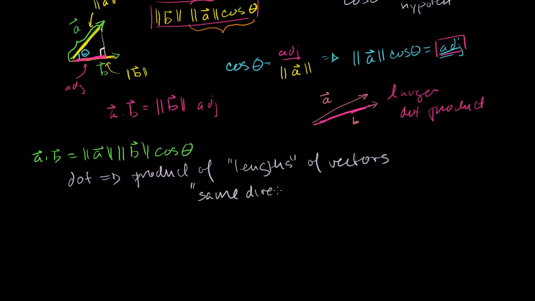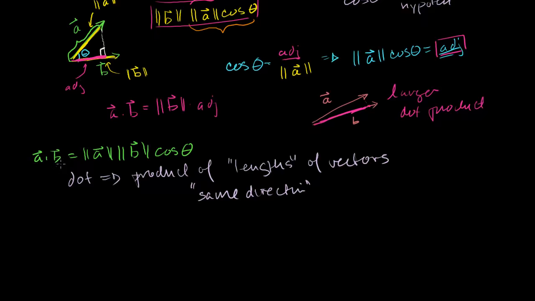Same direction, right? You could view this adjacent side here as the part of A that's going in the direction of B, right? That's the part of A that's going in the direction of B. So you're multiplying that times B itself. So that's what the dot product is.